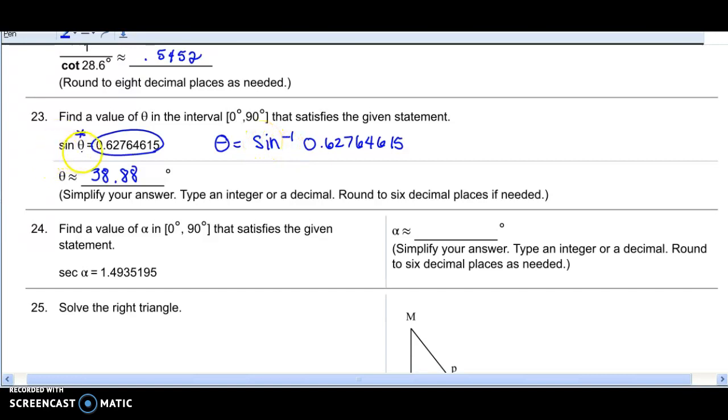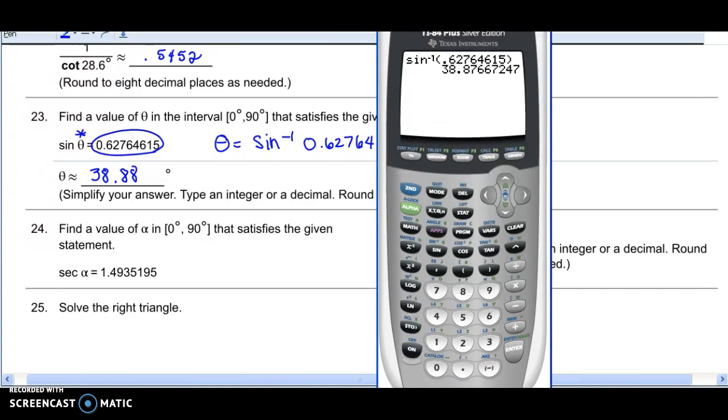So if sine theta is equal to this value, then theta is equal to sine inverse of that value. And so if we pull up the sine inverse, type in that value, we get 38.87667247 as our degree measure, because remember, we're finding theta.